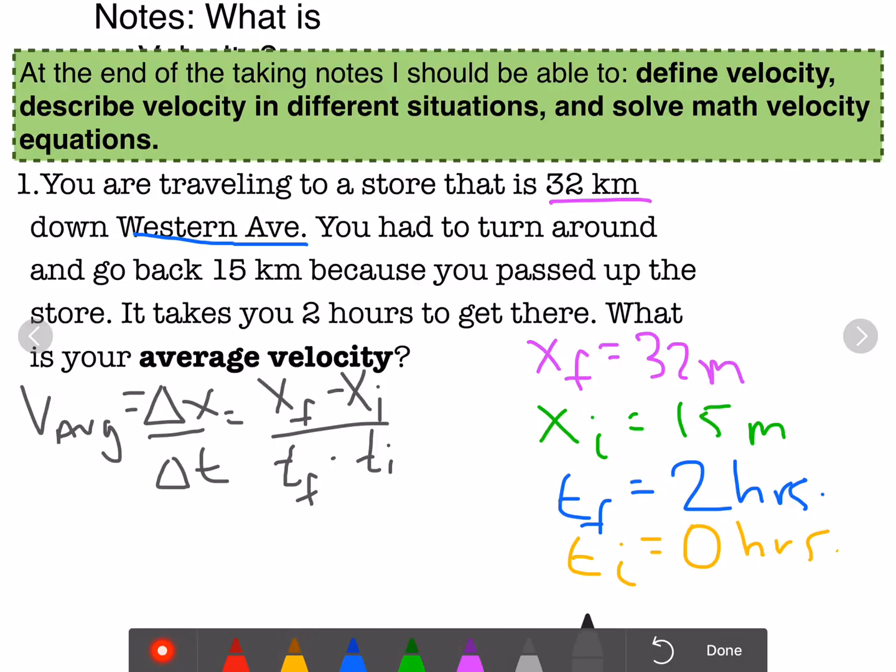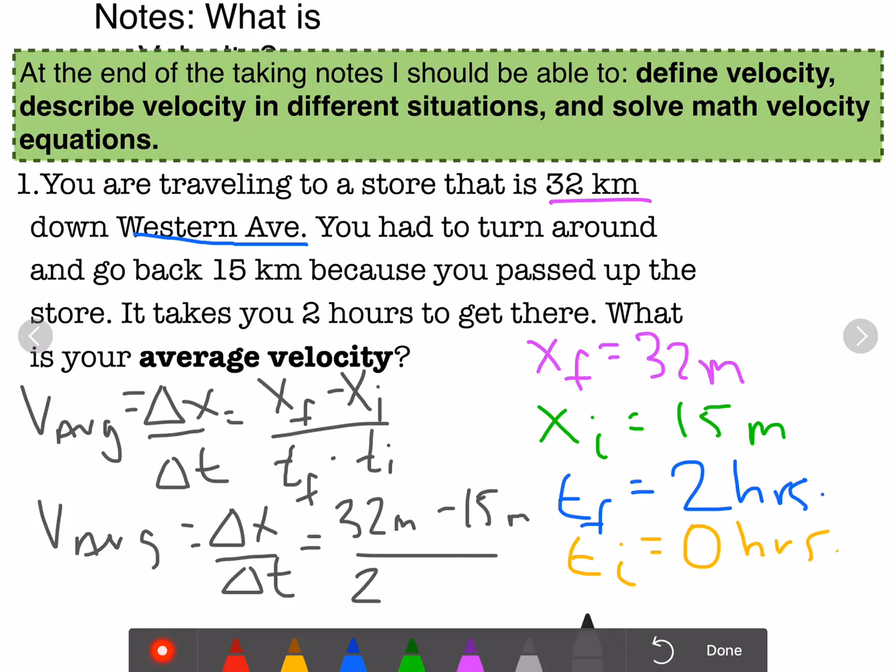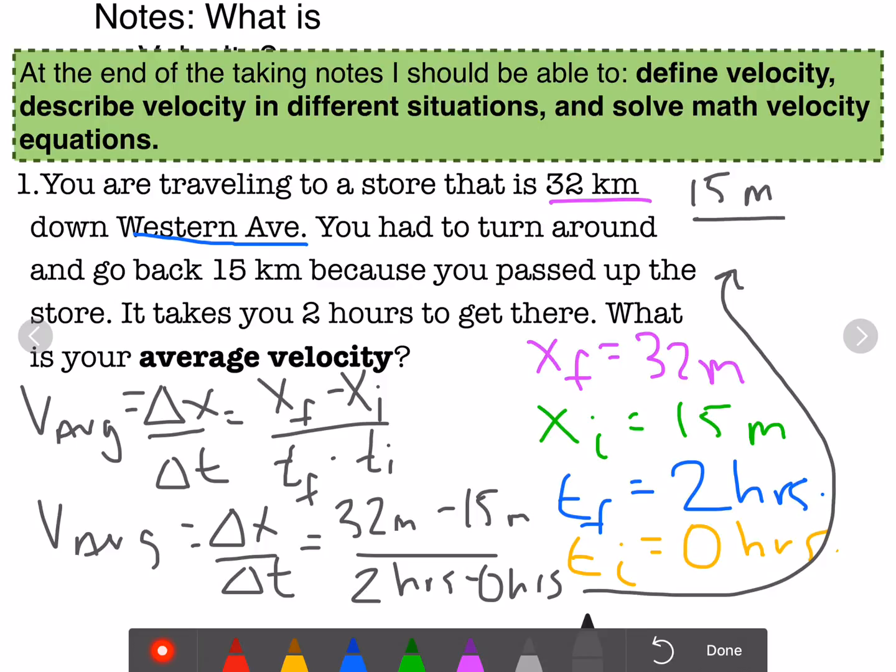Alright, so let's figure this out. V average is equal to change in x divided by change in t, so we have 32 meters minus our 15 meters divided by our 2 hours minus our 0 hours. 32 minus 15 is 15, so I'm going to bring our math up here: 15 meters divided by 2 hours. 15 divided by 2 gives 7.5 meters per hour.